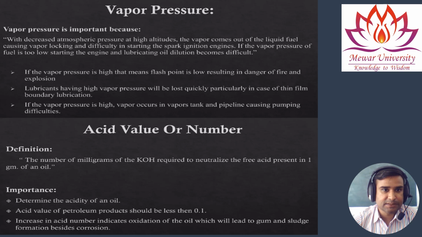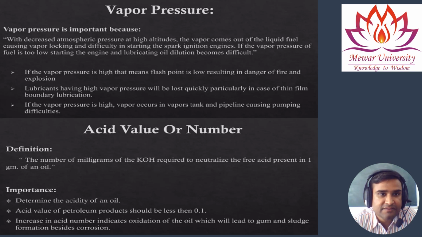Now next is vapor pressure. You can see the definition of vapor pressure: with decreased atmospheric pressure, when the atmospheric pressure is decreased at high altitude, the vapor comes out of the liquid fuel, causing vapor locking and difficulty in starting the spark ignition engine.